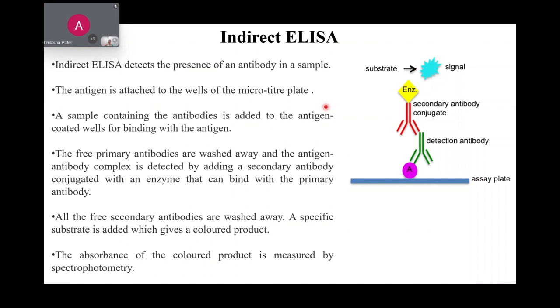Okay, so let's try to understand serial dilutions. Let's say you have this as your antibody, and when it came to you, it came with some 1 microgram per ml. So you have a very high concentration. If you take 1 ml of this vial or this solution, you will have 1 microgram of the antibody, for example.